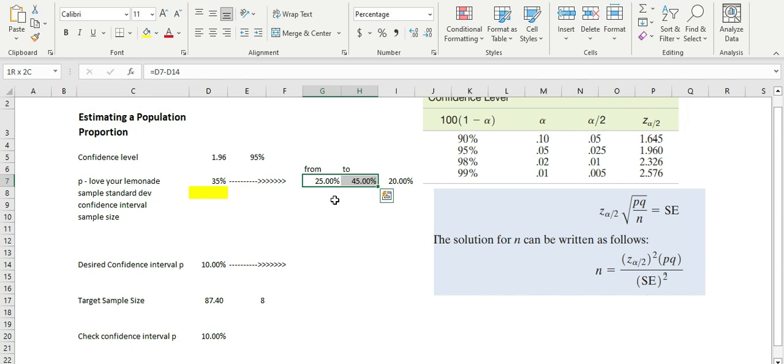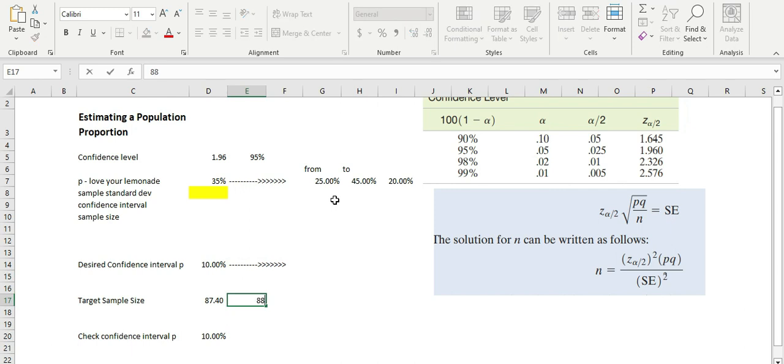So that's how it works. With a desired confidence interval of 10% from the proportion, you just need 88 people for your study. For 5%, you need 350.